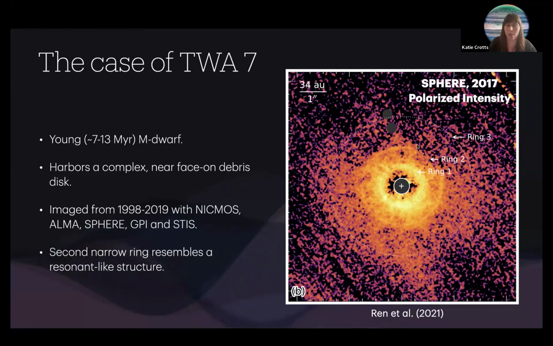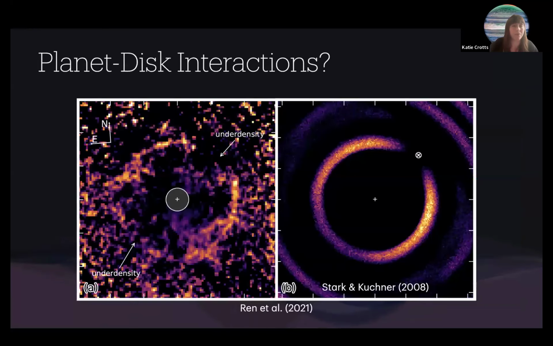But what I want to focus your eye on is this narrow ring that sits between the inner and outer disk components that almost resembles a resonant-like structure. And the authors of this data also thought similarly.